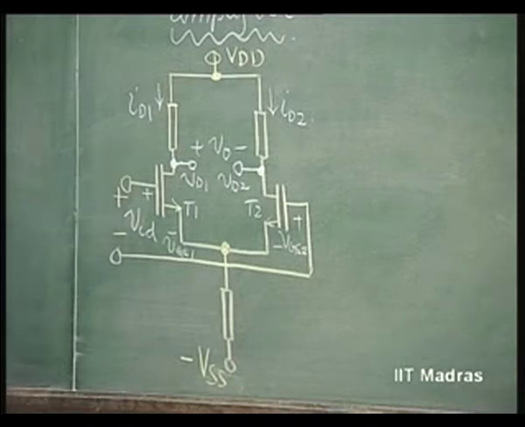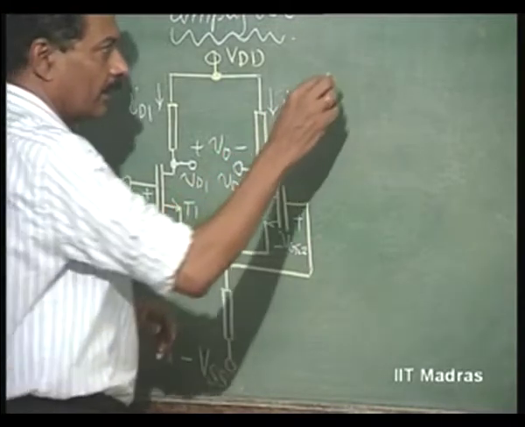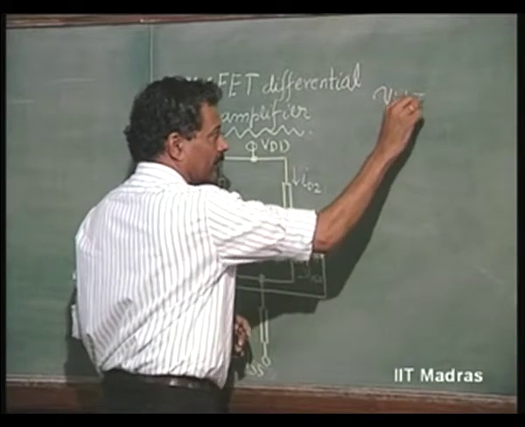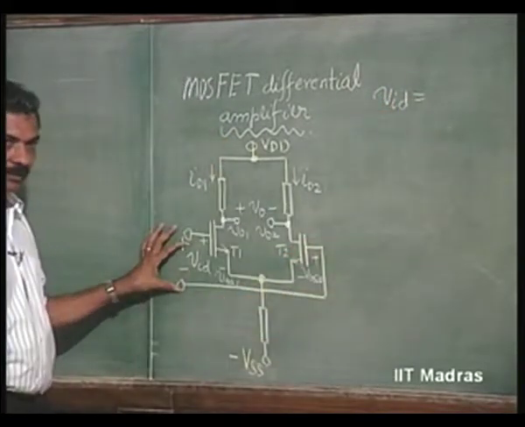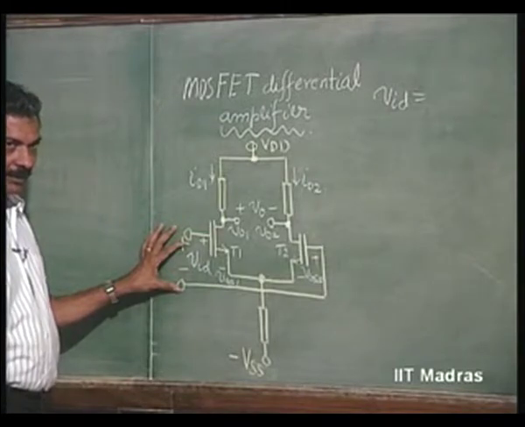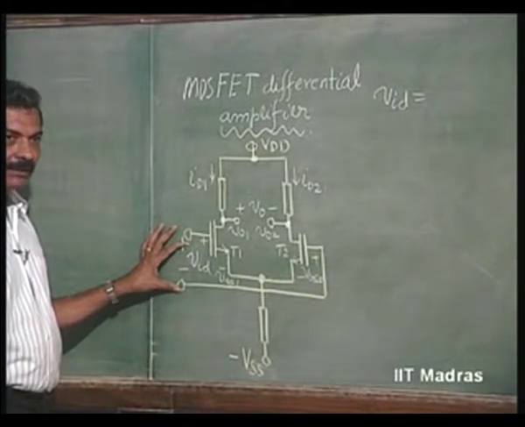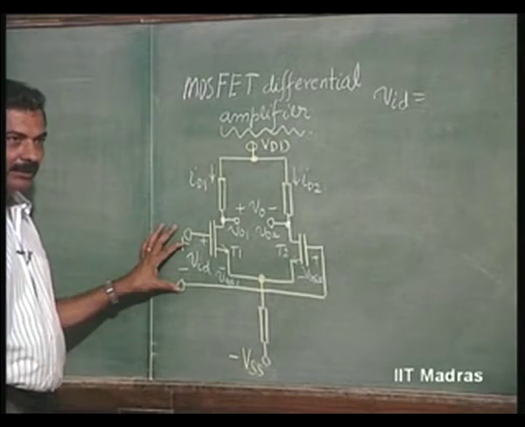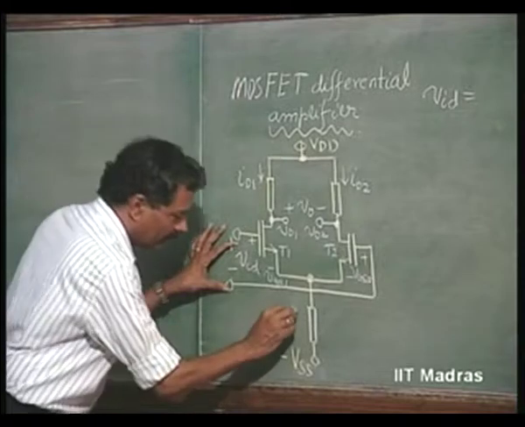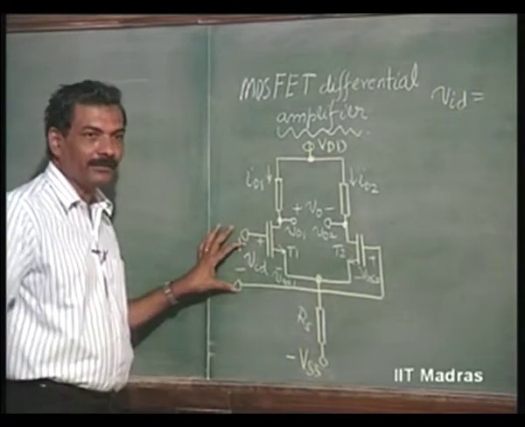Now, in the large signal situation, let us see how it differs. VID in this case, the differential signal, only when differential signal is applied we want to analyze this. When common mode signal is applied, once again the gain is exactly similar, that is, it is dependent upon RD by, let us call this RS instead of RE.